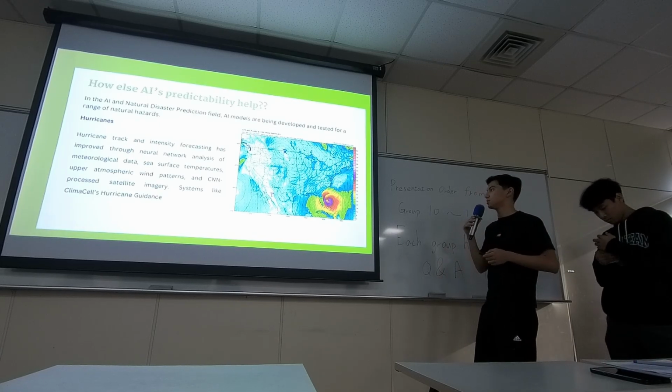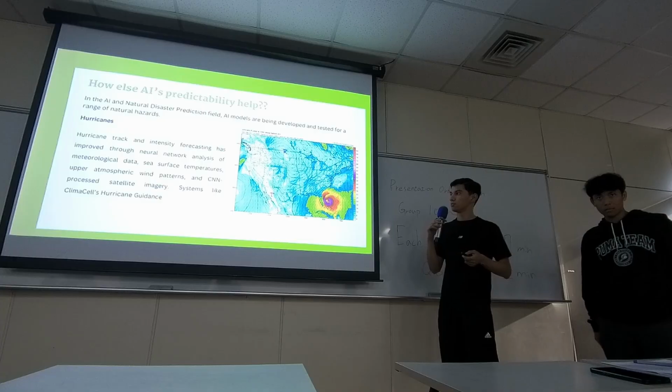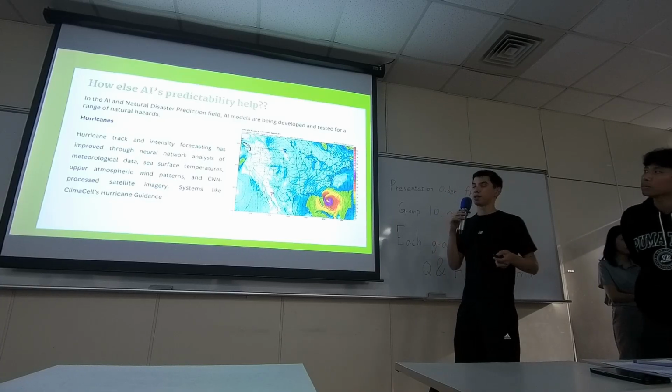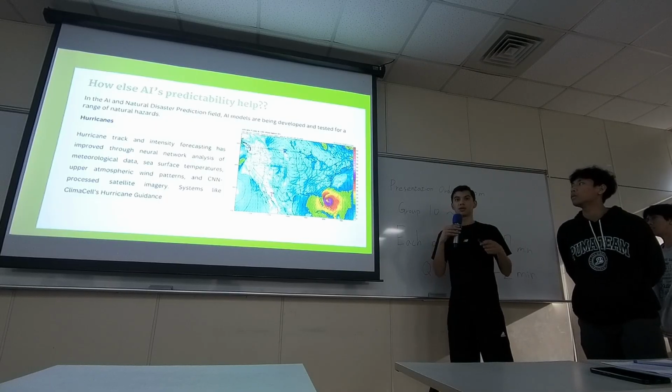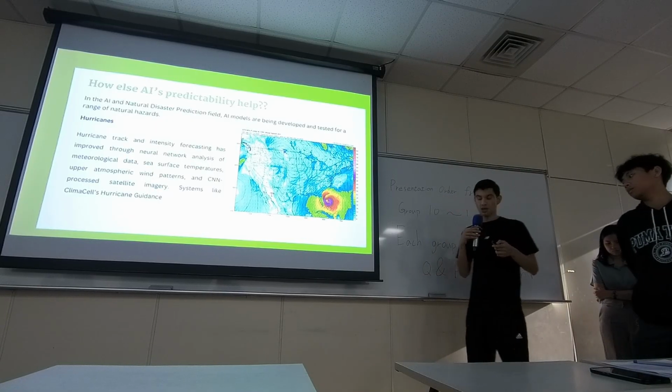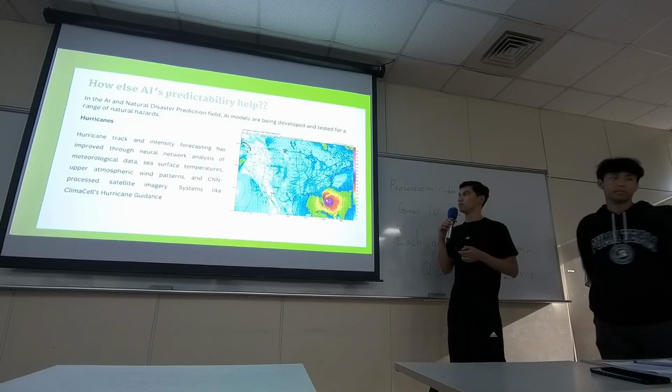That's the point about using AI in these cases. For example, systems like climate-control hurricane guidance allow people and professionals to be aware of a hurricane and the time it will arrive in any country involved.